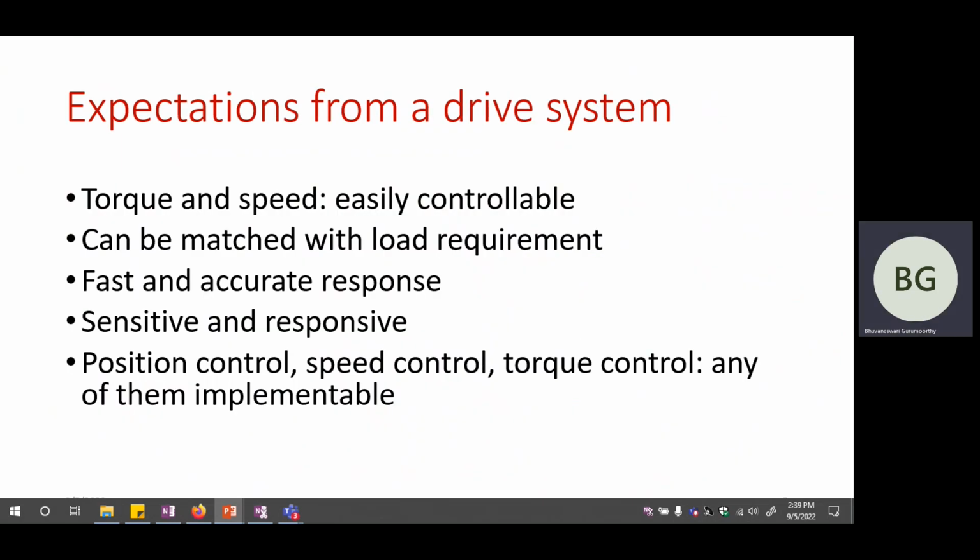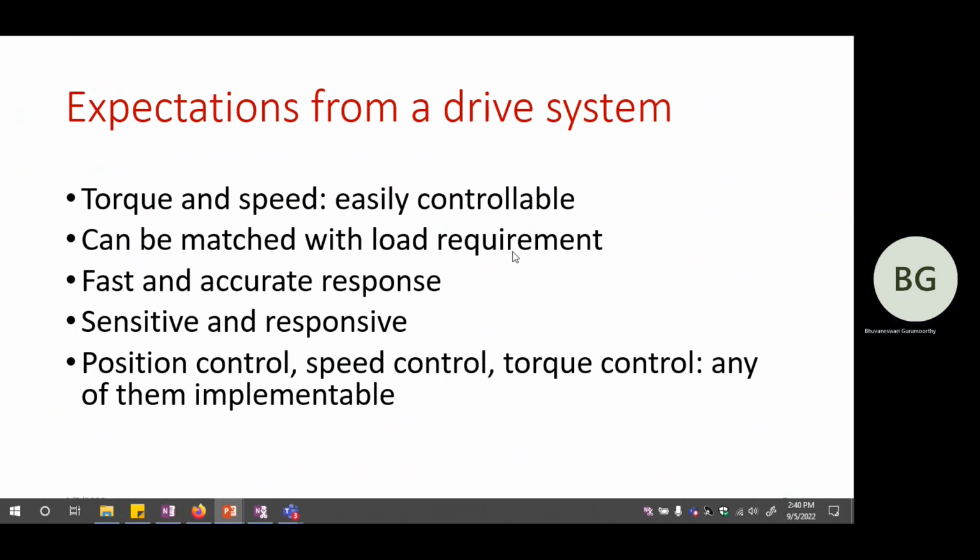So what is expected of a drive system? A drive system generally should have easily controllable torque and speed. If the torque and speed are easily controllable, that means we would be able to match the requirement of the load exactly with the motor. Whatever the motor is developing as torque and speed should exactly match the requirement of the load.